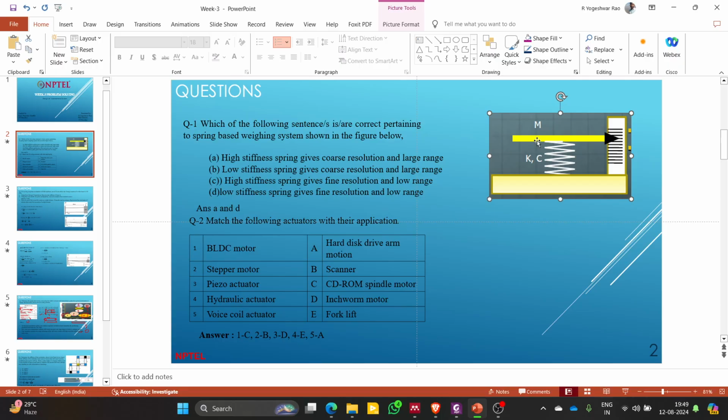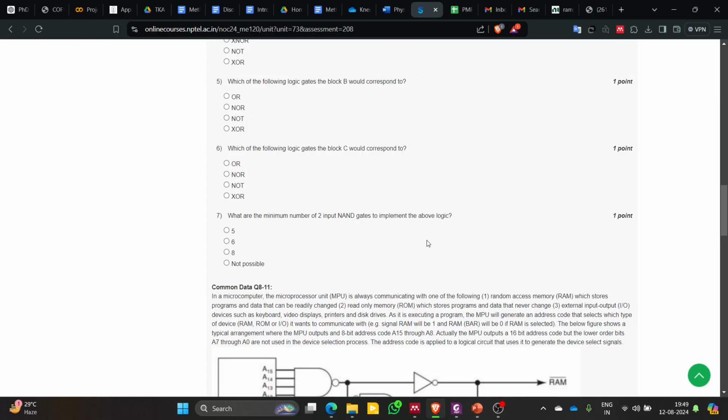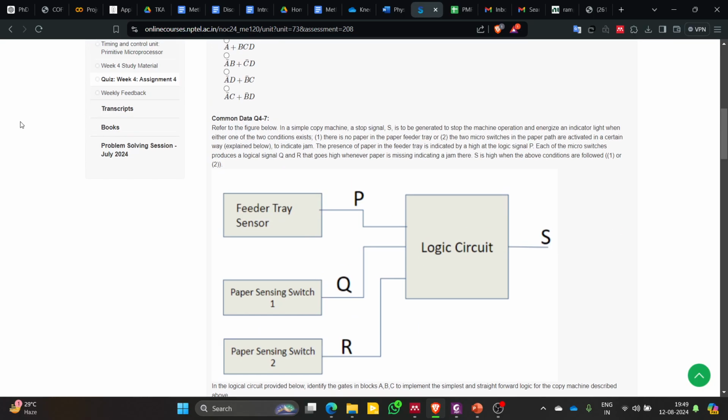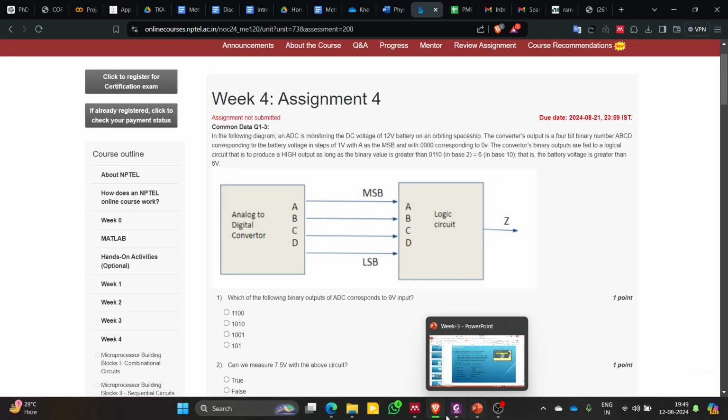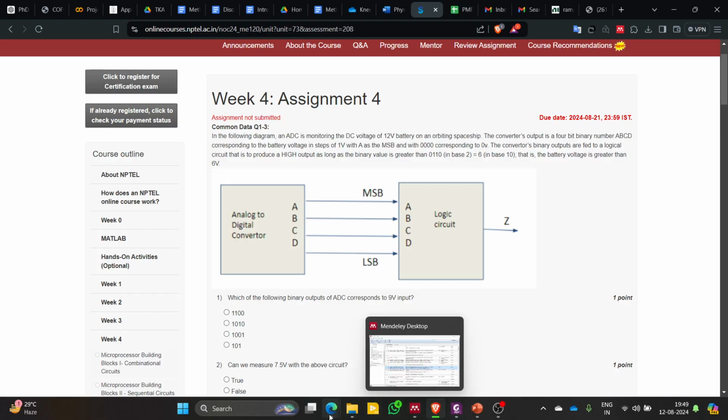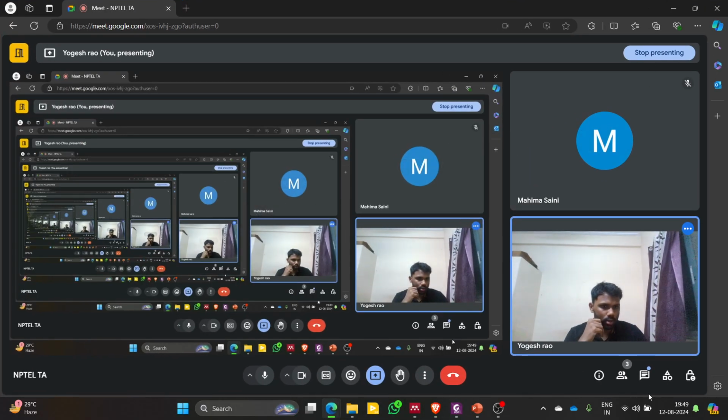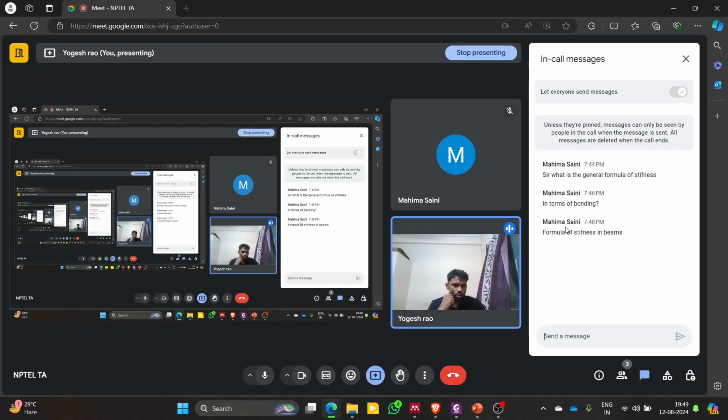This problem was asked, I think, last year, in terms of bending.